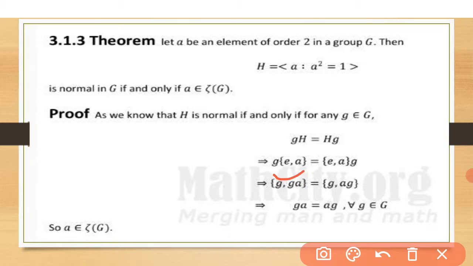When g is multiplied by A, it gives us gA. Similarly, from the right side, when A is multiplied by g, it gives us Ag, and when E is multiplied by g, it gives us g itself.